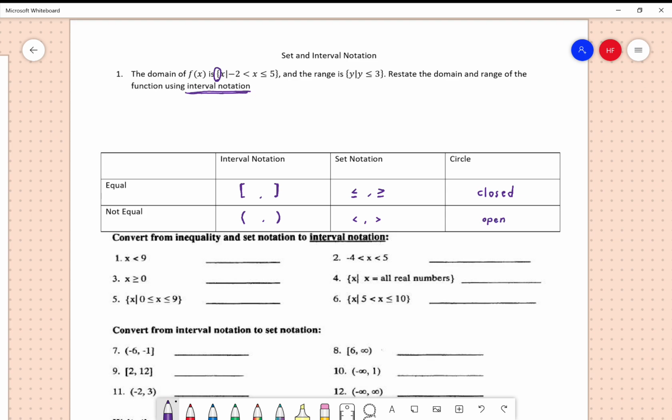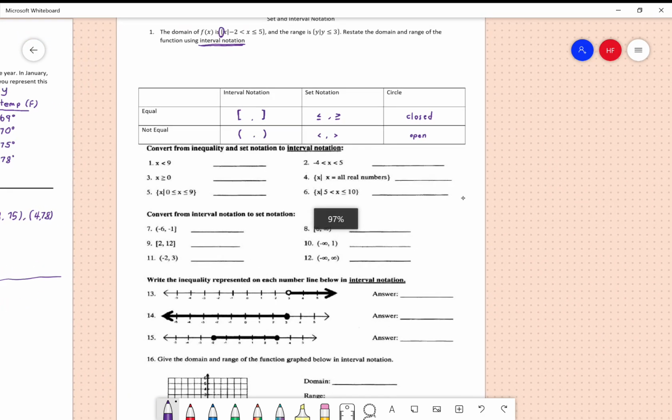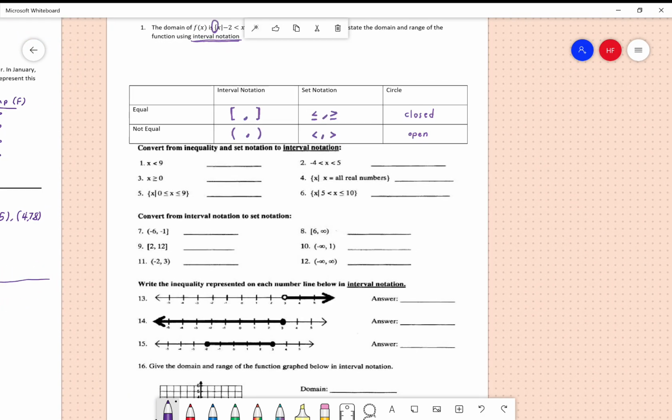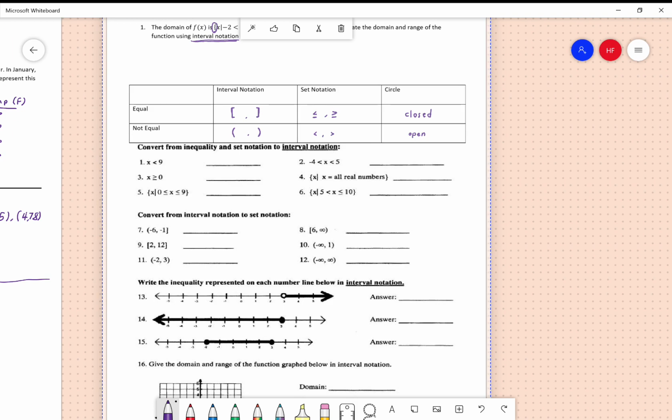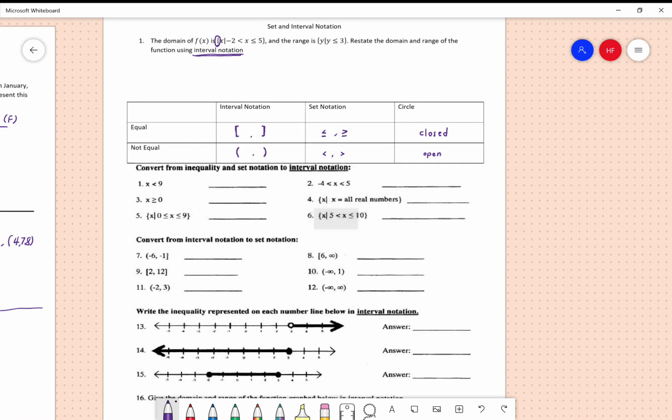So back up to this first question, it says to restate it in interval notation. So if we're using interval notation, then we're going to need to have brackets or parentheses. So we start with this -2. Let's do domain first.